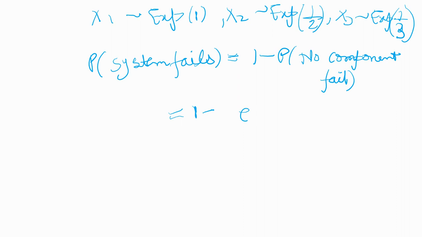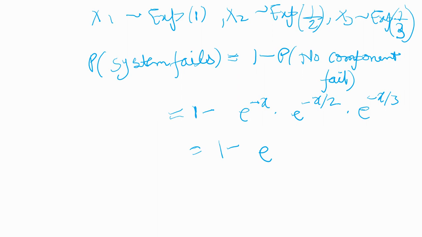So e to the power minus lambda x, and no component fails. So it will be e to the power minus x into e to the power minus x upon 2 into e to the power minus x upon 3. Just e to the power minus lambda x for the second one and minus lambda x for the third one. So it will be 1 minus e to the power, and you can sum it.